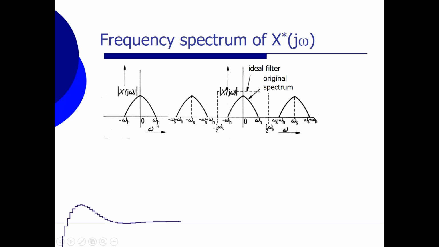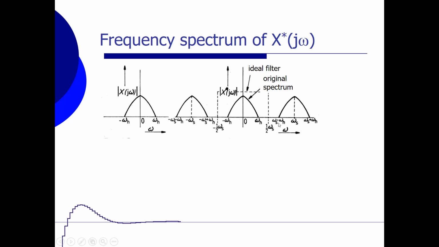It's still omega h. So this is, in our sampled signal, the frequency content of that signal. But when we want to filter out and reconstruct that original spectrum, we have to filter out this part of that spectrum, because in that case we have the original signal back.